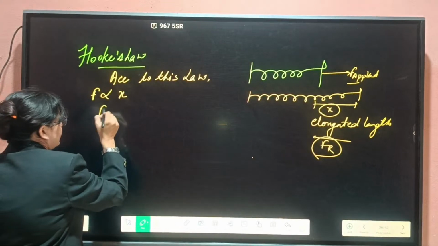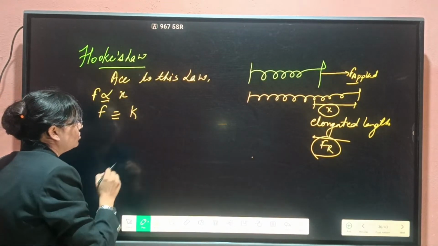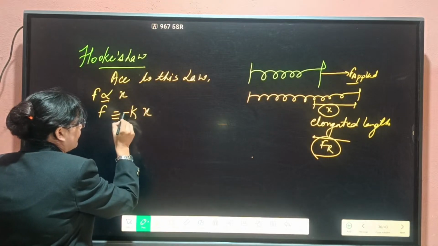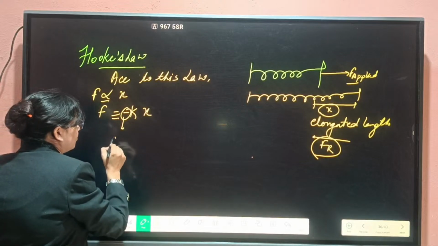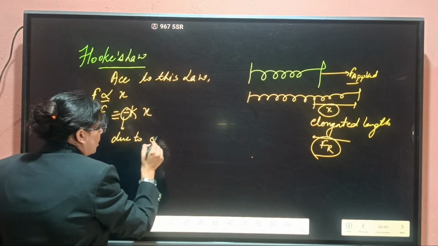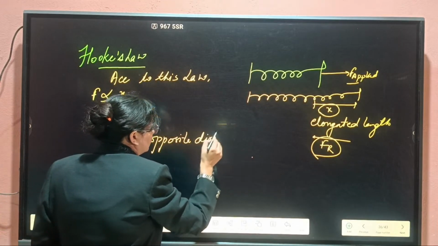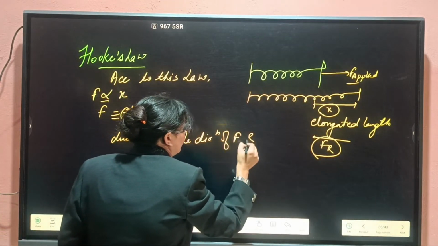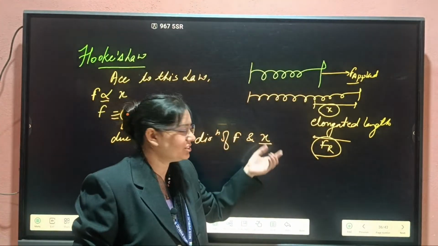So this change will be equal to your constant, as you remove the proportional sign and put equal to, then it will be the constant, and here will be your negative sign only, negative because of the opposite direction of F and X. F is our restoring force, X is our change in the length.